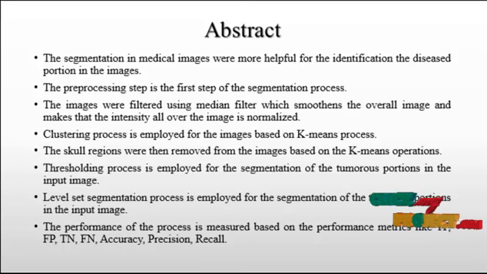The bounding box is then automatically placed to delineate the region in which the tumor was found. Compared to the tumor delineation performed by an expert, a similarity measure of 91% was obtained using the Dice coefficient. The performance of the process is measured using accuracy, precision and recall.